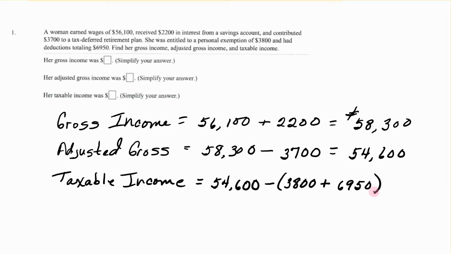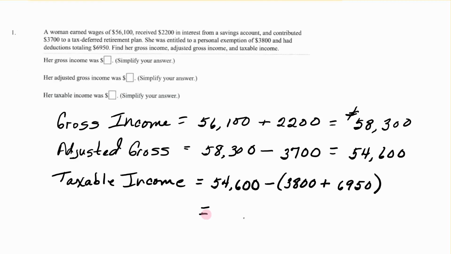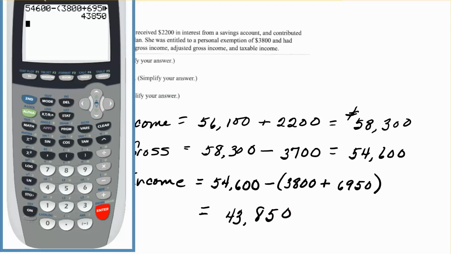Now, if you were having to do this by hand, you would do what's in parentheses first, and then you would take that and subtract it. But on our calculator, we have parentheses keys. So I'm going to put in 54,600 minus parentheses 3,800 plus 6,950, close parentheses. And I get that her taxable income is $43,850. Let me go back and make sure I got that right. Yes.